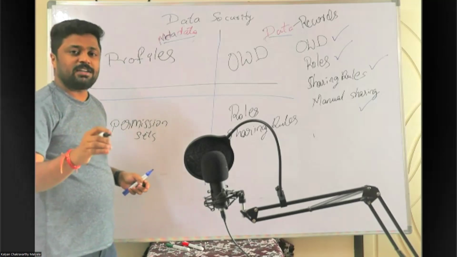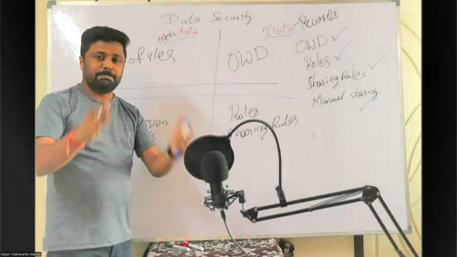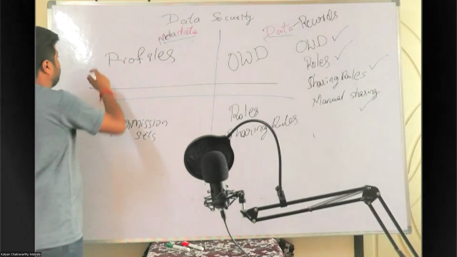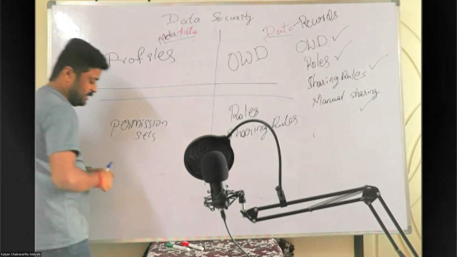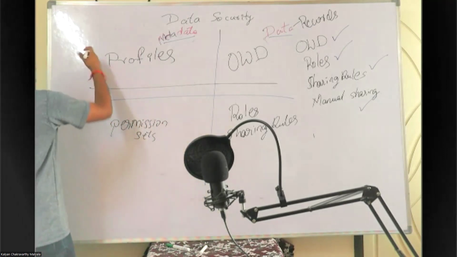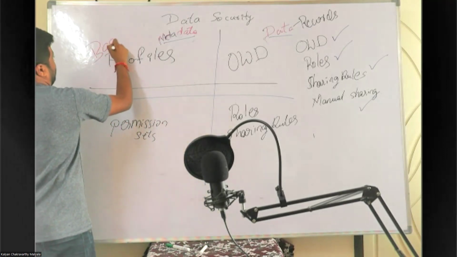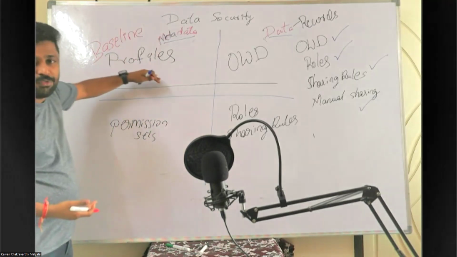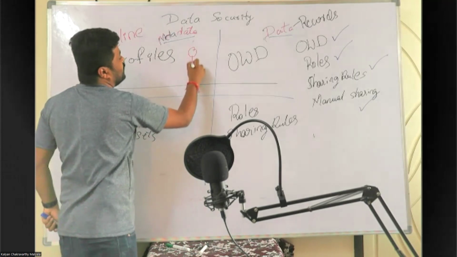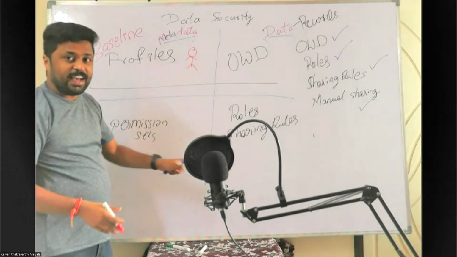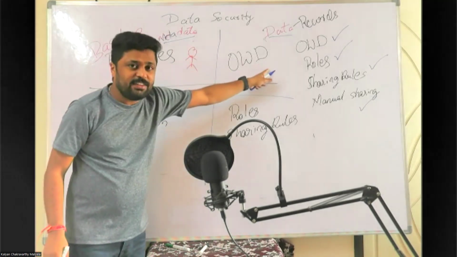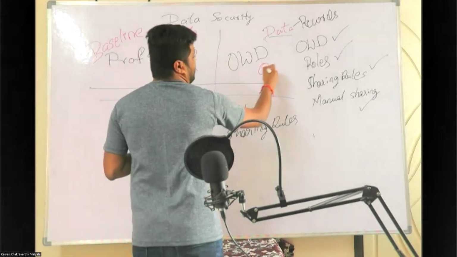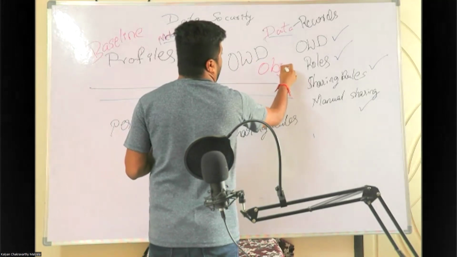If he is part of Salesforce in your company, then he should definitely have a profile. This we say is a baseline. Baseline means the profile for a user is a mandatory thing, as well as the organization wide defaults, especially for objects.